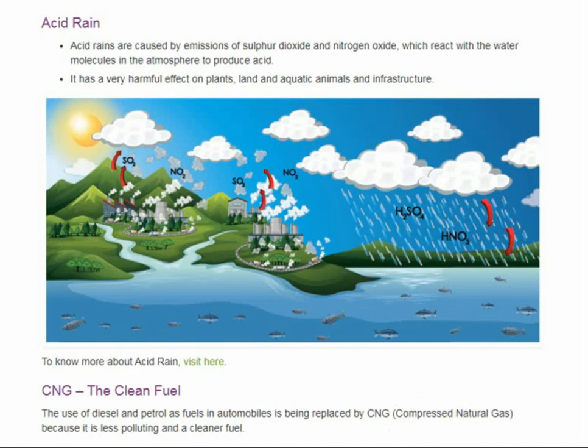And the most common example of it is the Taj Mahal, which is getting dull day by day due to this acid rain. Now, CNG. CNG is a cleaner fuel, as the use of diesel and petrol as fuel in automobiles is replaced by CNG, which is compressed natural gas, because it is less polluting and a cleaner fuel and is easily available.